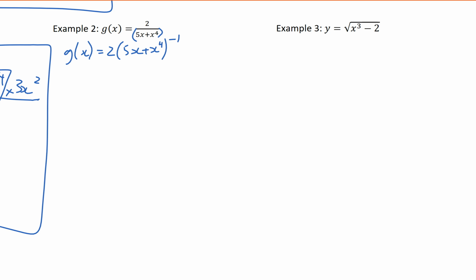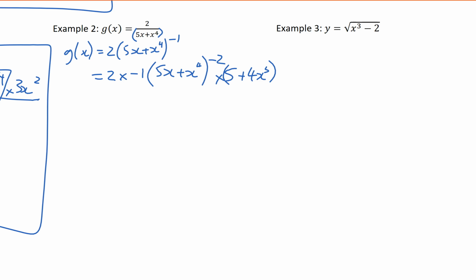Now what are we going to do? Differentiate it. 2 times negative 1, 5x plus x to the power of 4 to the power of negative 2, times by 5 plus 3, rub out, 4x to the power of 3.